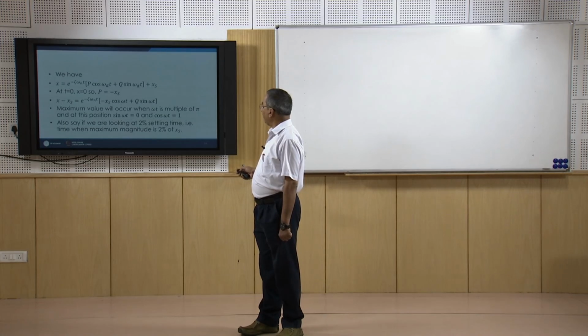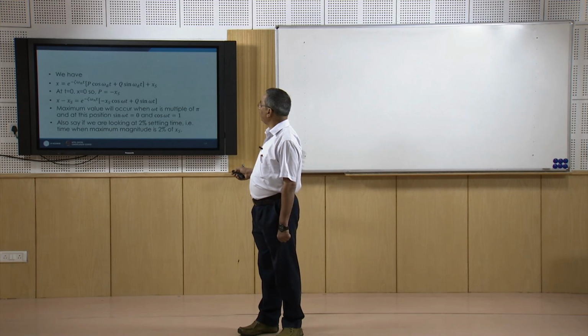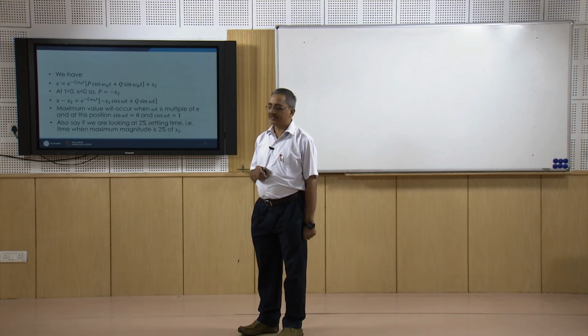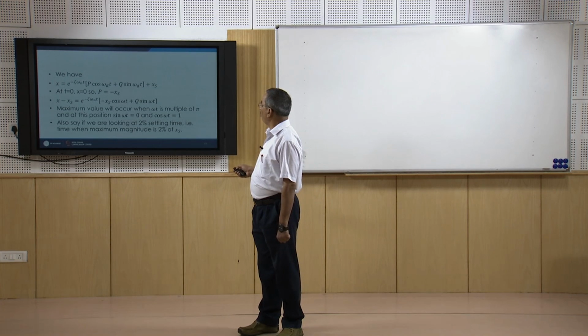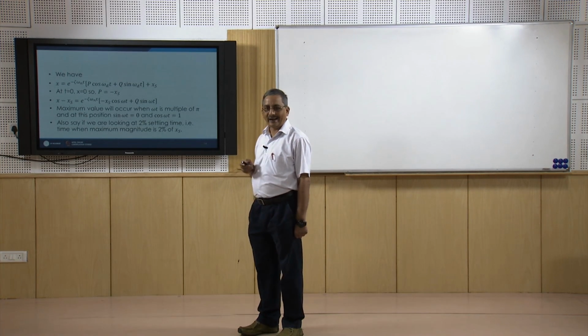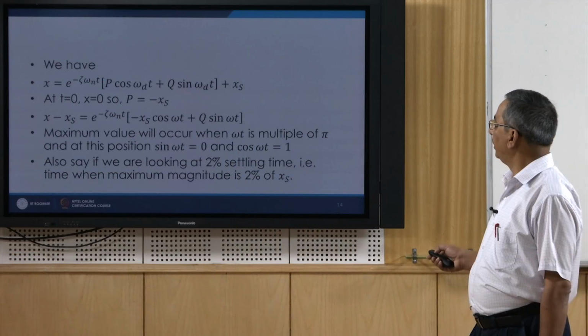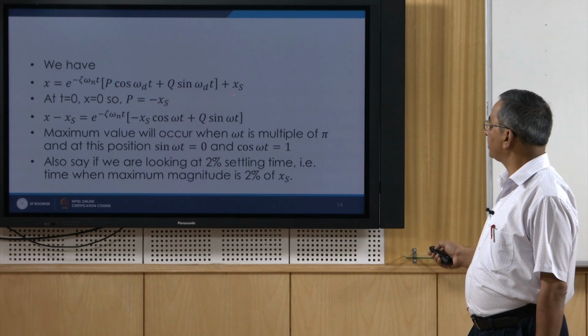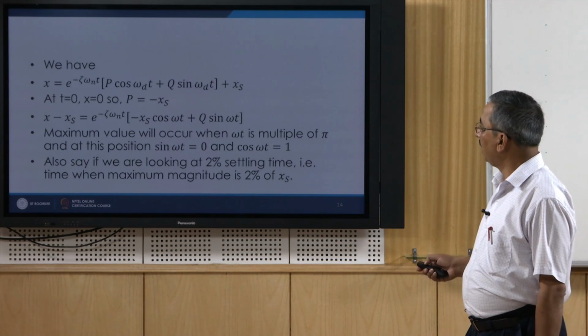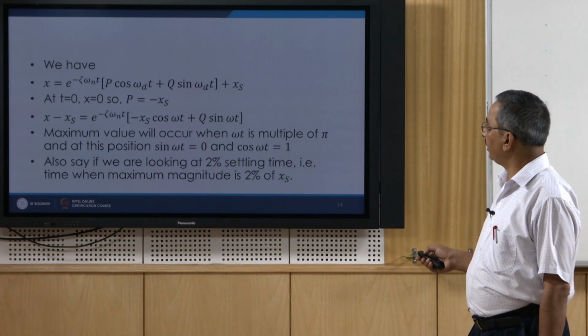So, we can find out the expression for the settling time. Again we go to the behavior of a second order underdamped system, given by this expression, where xs is the steady state value and the other parameters we have already defined.